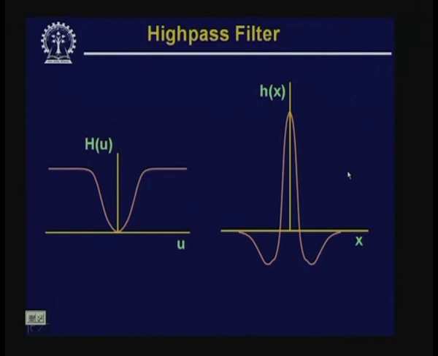Now, as you note from this particular function H(x), H(x) can assume both positive as well as negative values. And an important point to note here is, once H(x) becomes negative, it will remain negative; it does not become positive anymore.